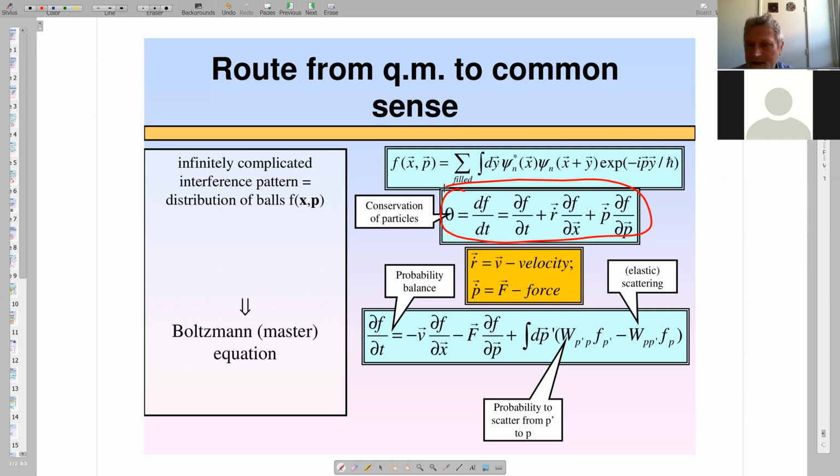Unfortunately, we can do this with rather simple considerations, perhaps rather boring considerations, and we will see these considerations come in a couple of times in our course in the form of a master equation. So this is a probability balance, something for bookkeepers.